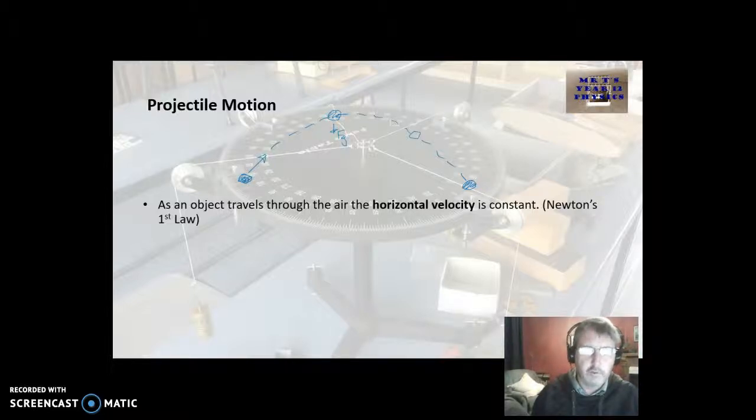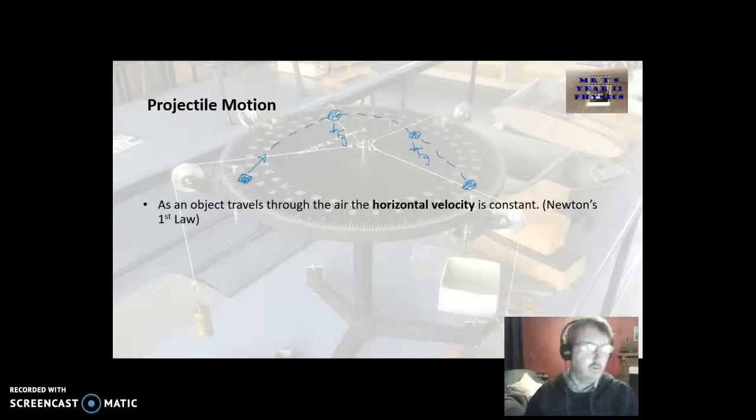So projectile motion can happen when a bullet is released from a gun, or a shell from a cannon, or a ball from a hand, or an arrow from a bow. They can all undergo projectile motion because as soon as you let go of them, you're no longer applying any force to them, and the only force that is acting on them is the force of gravity.